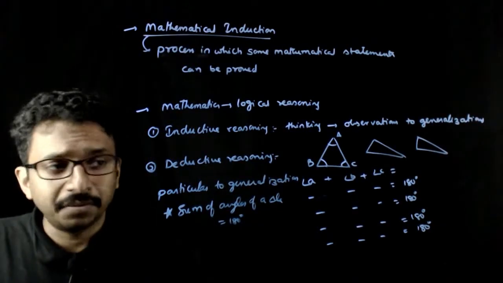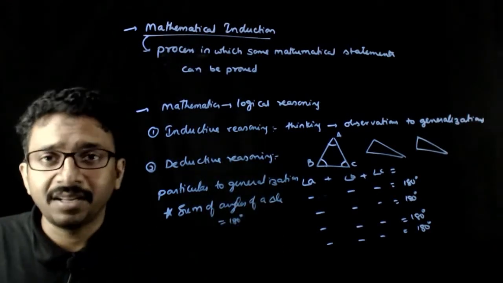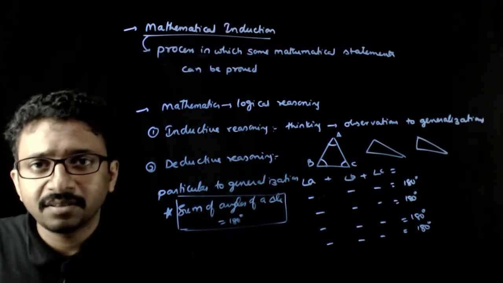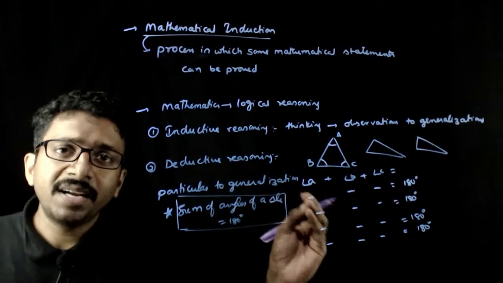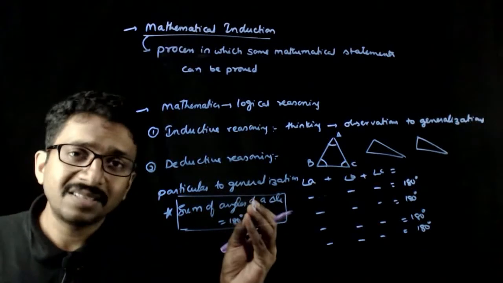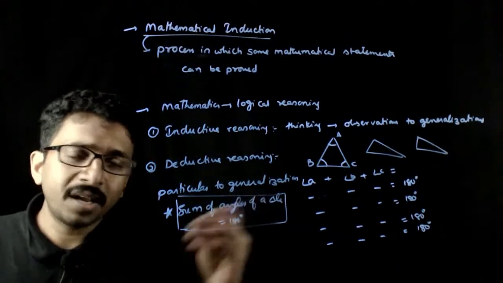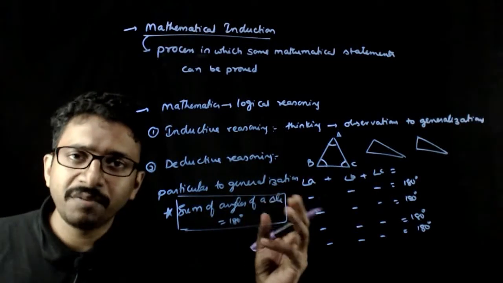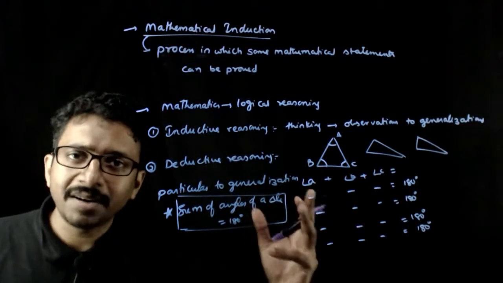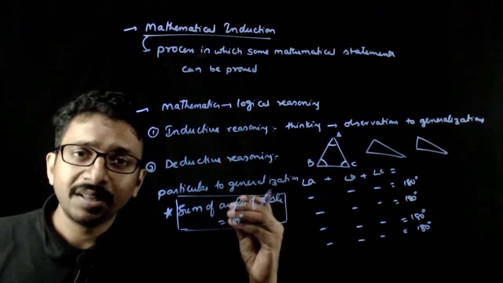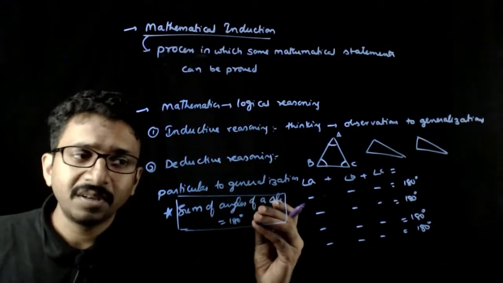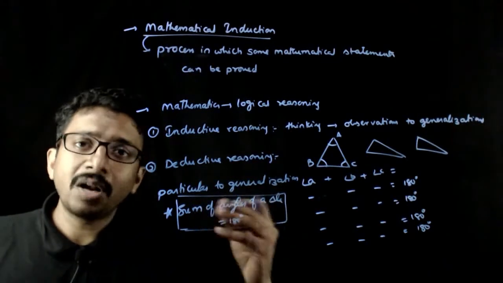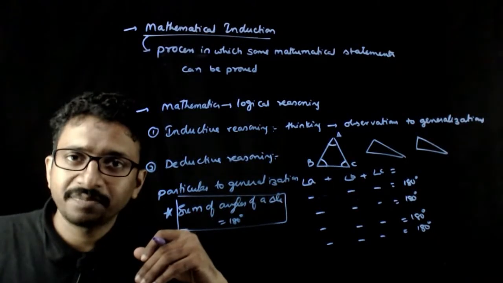Now if I ask you, is this statement valid for all triangles? Just by inductive reasoning, you cannot say that the sum of angles of all triangles is equal to 180 degrees. Because you have observed only 15 triangles or 20 or 100 or 1000 triangles, whatever the number you observe, you cannot confidently say that the sum of angles of all triangles is equal to 180 degrees.